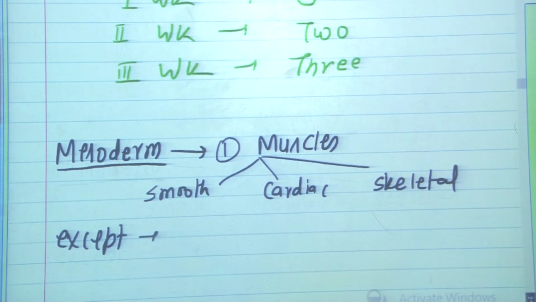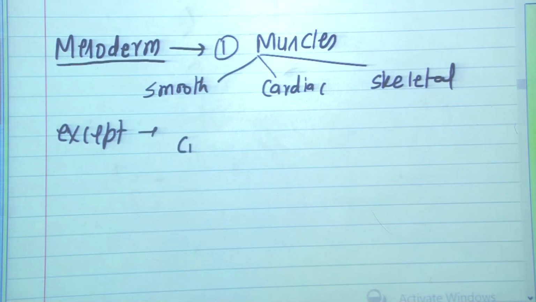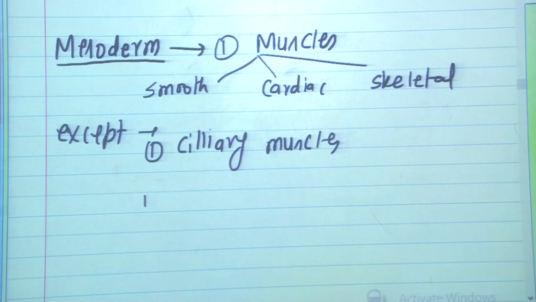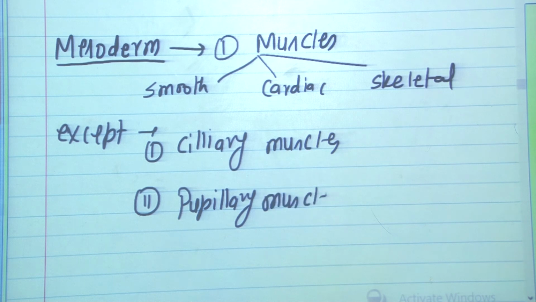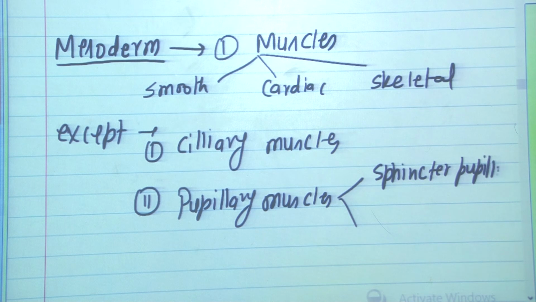Number 1, ciliary muscles. Number 2, pupillary muscles. Pupillary muscles are further divided into two parts, sphincter pupillae and dilator pupillae.